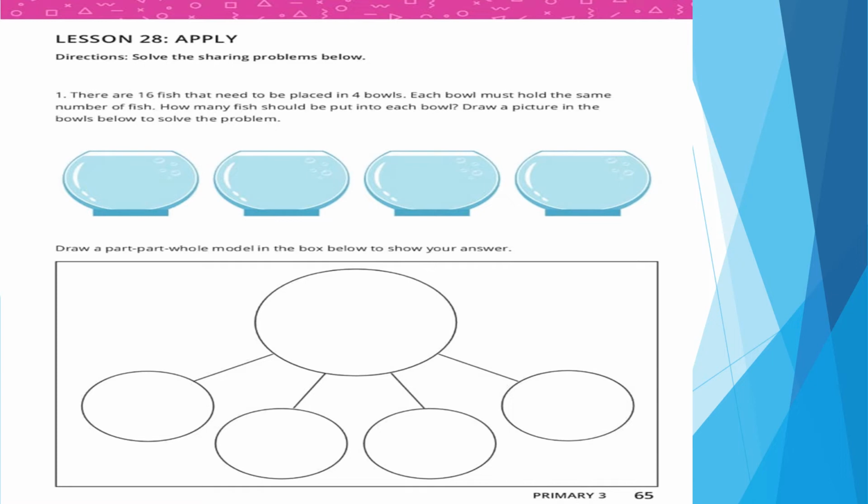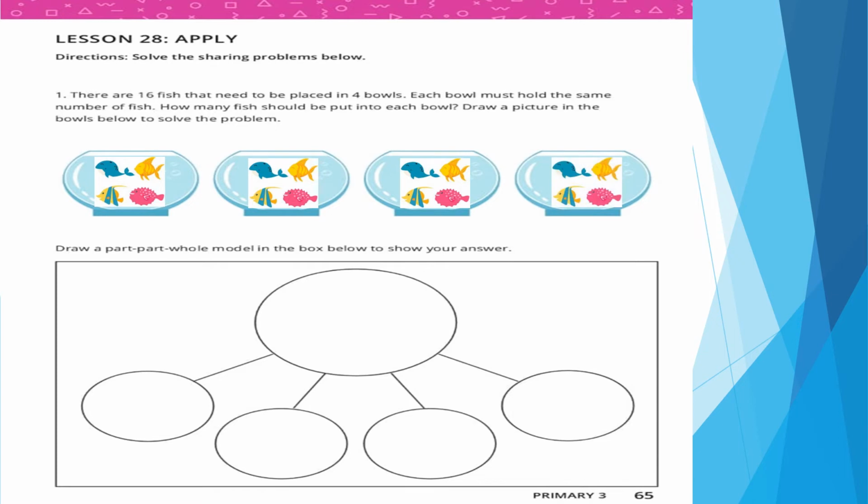We have 16, so we want to distribute them equally. 1, 2, 3, 4, 5, 6, 7, 8, 9, 10, 11, 12, 13, 14, 15, 16. If we want to distribute them equally, we will put in each bowl 4 fish.